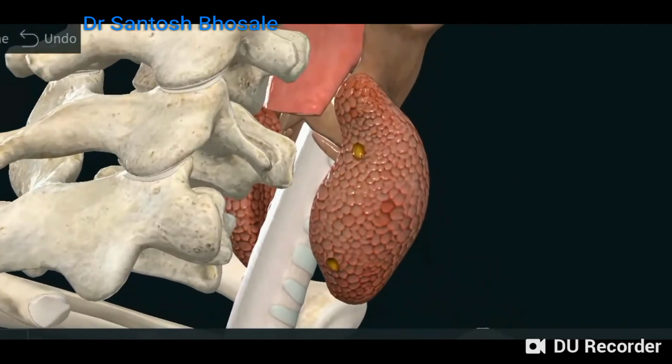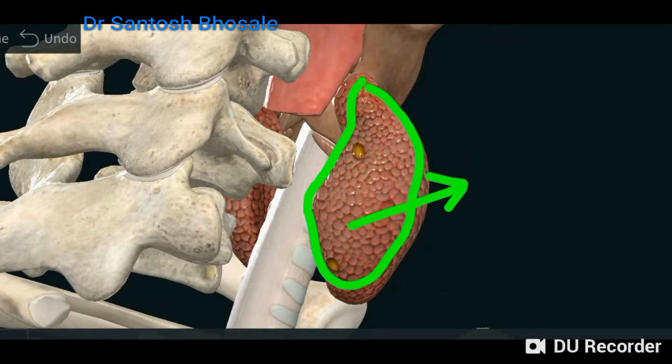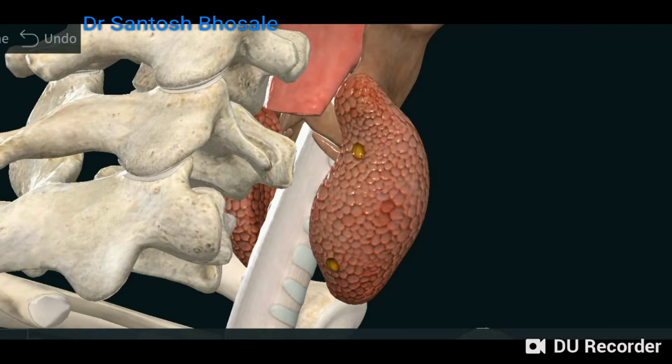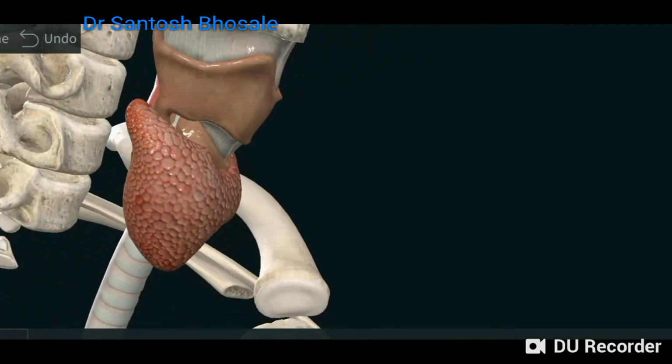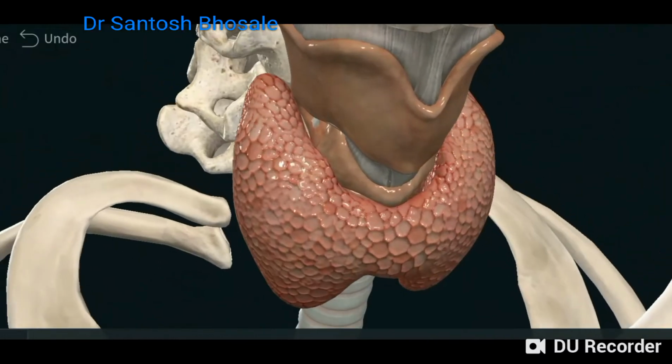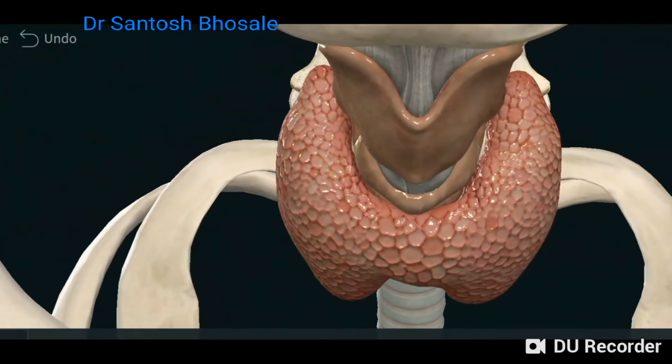If you see here, those two yellow colored bodies are the parathyroid glands along the posterior surface. This entire thing is the posterior surface. The line of this posterior surface is the posterior border. There you will appreciate the parathyroid glands, which are important in the synthesis of parathormone.